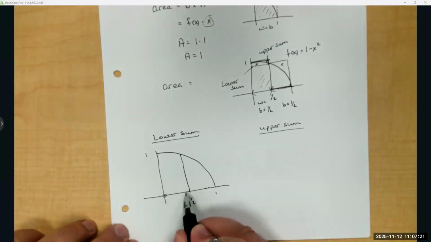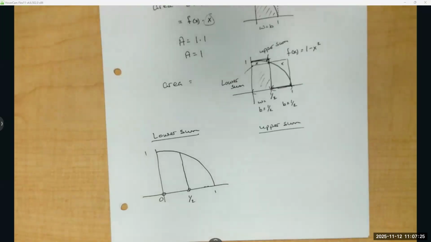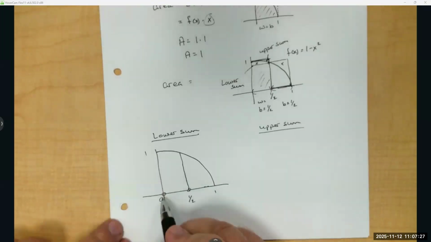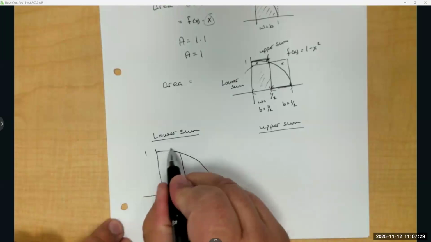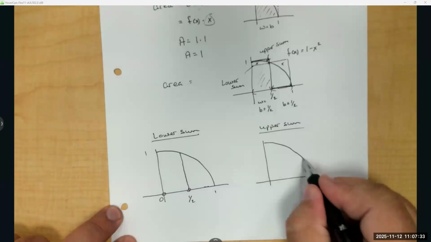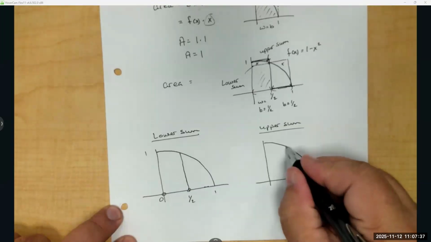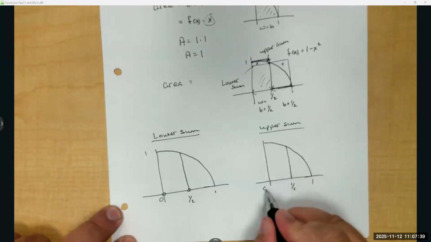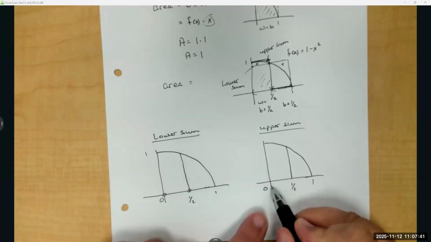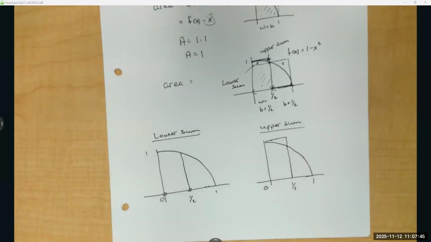So it's which x value do we use? Do we use 0 or do we use 1/2 as our x value? If we use 0, then that's going to give us a rectangle that's too big. That's going to give us something that's too large. That's an upper sum.